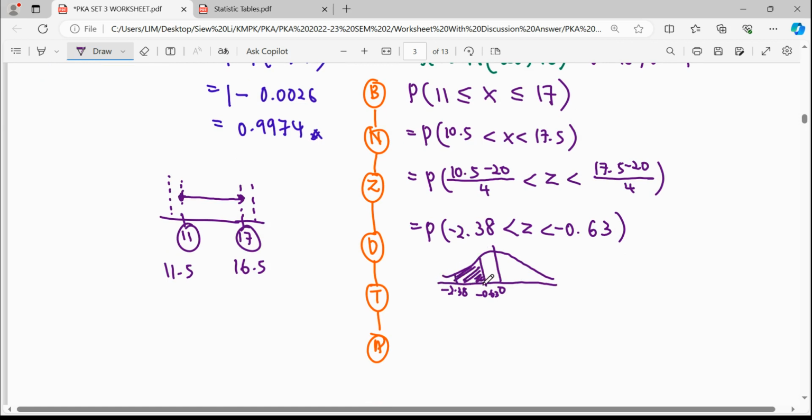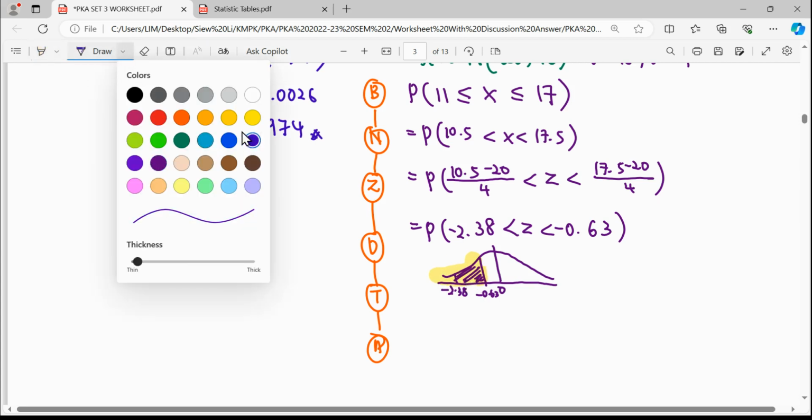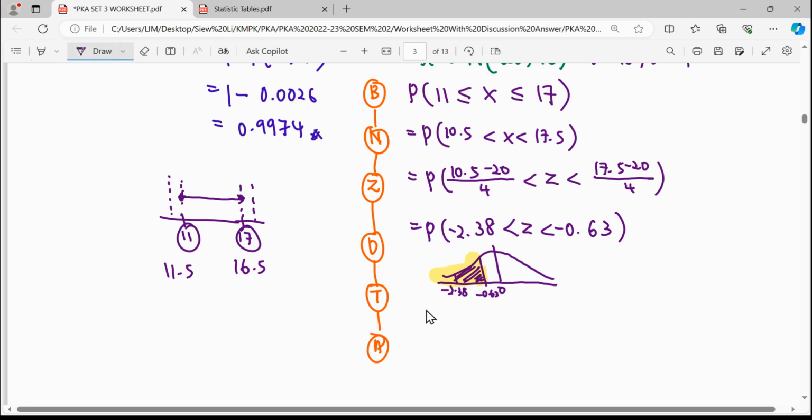So take the big side here, the overall tail side, then minus the empty space here. So we're going to read the tail of negative 0.63 as positive, minus the tail of 2.38.